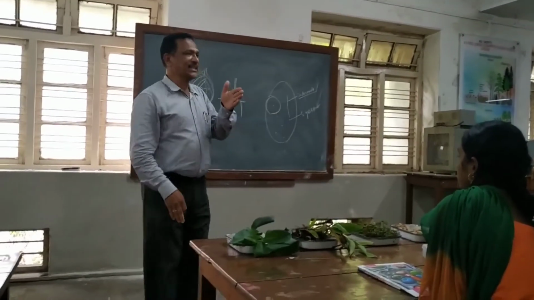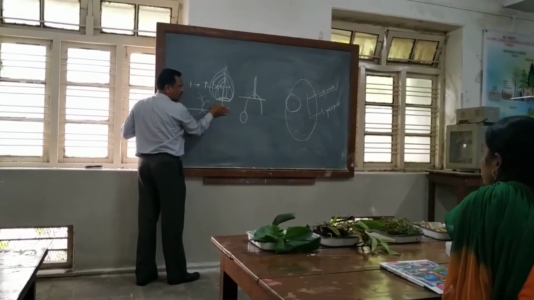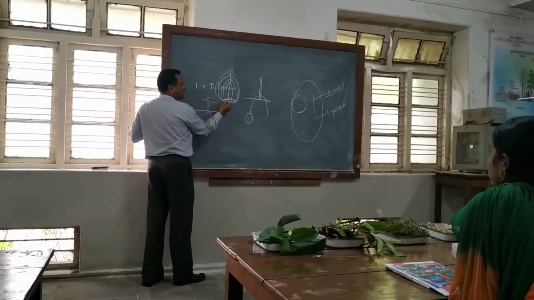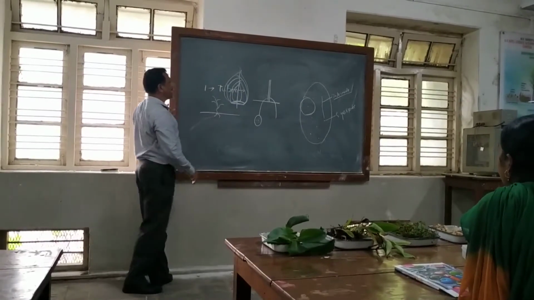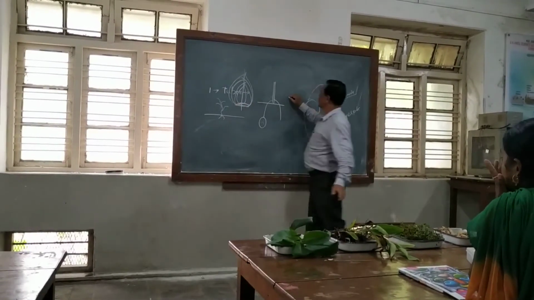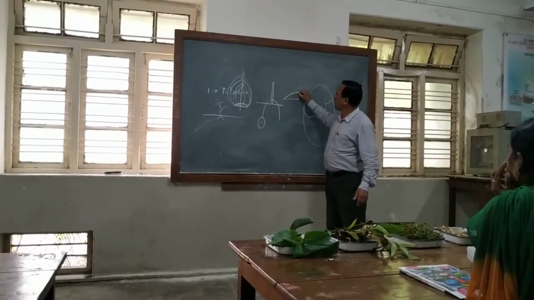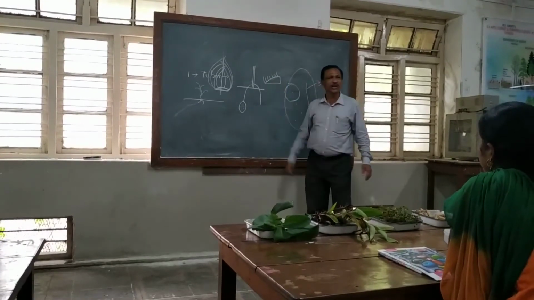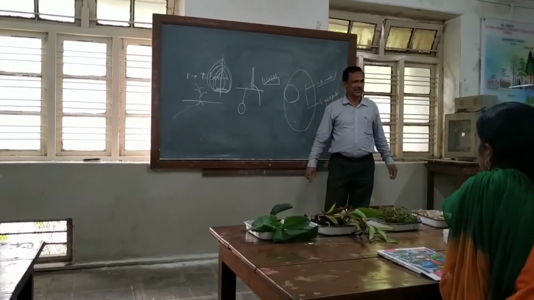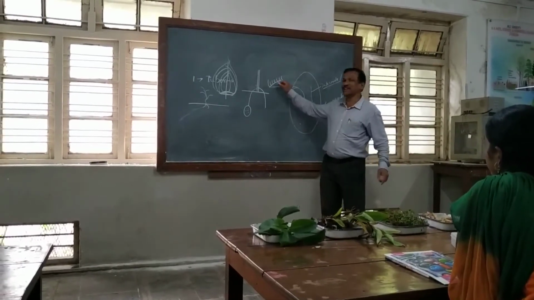When you cut this into 4 parts, the first one and the second one become 1 quarter. If this portion is magnified, it appears like this. You see here, the small portion is now magnified. All these are the leaves, and you know usually leaves develop at the nodal regions, right? The angle between the stem and the leaf is called the axil.